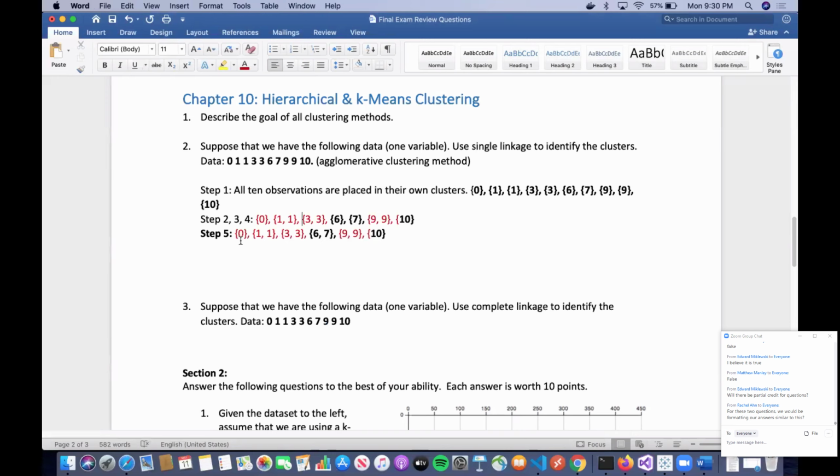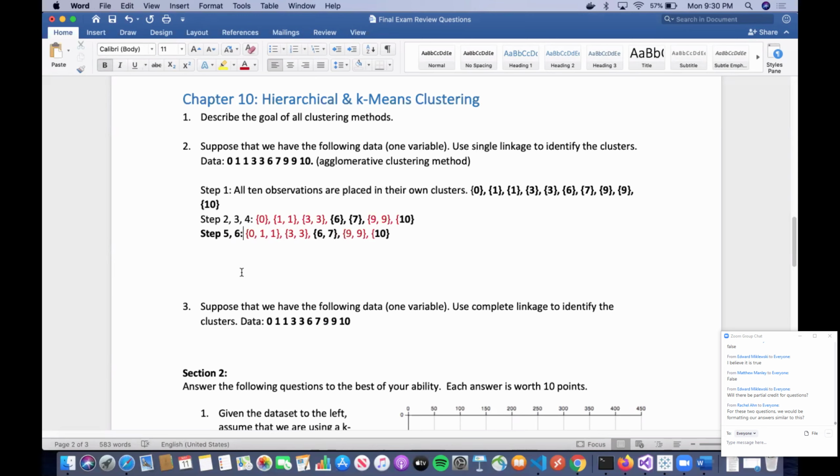But, actually, let's say this is step 5, and we also have the difference here is 1. So we can say step 5 and step 6 and combine this, because we know the difference 0 to 1 is 1, and 6 and 7, the difference is 1. But we also have another one.